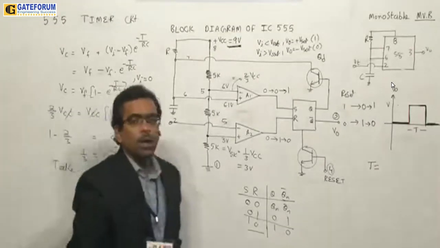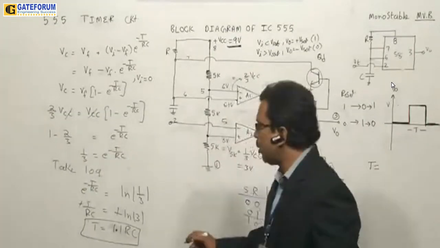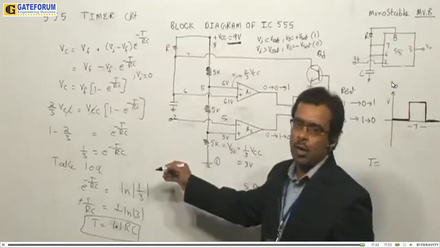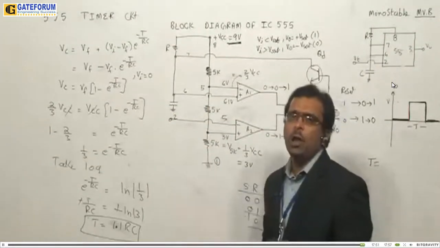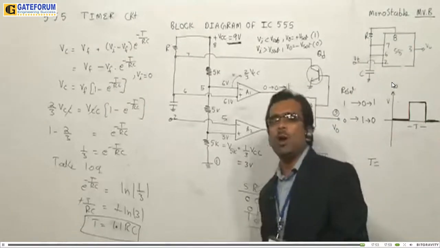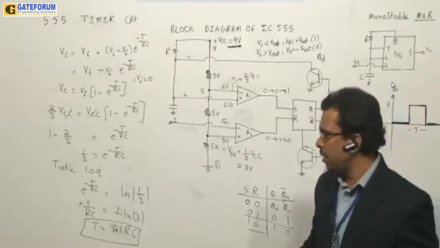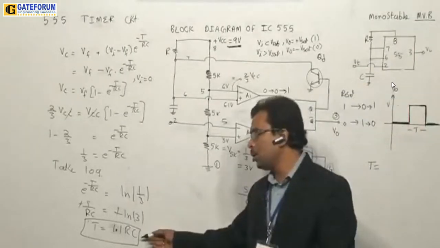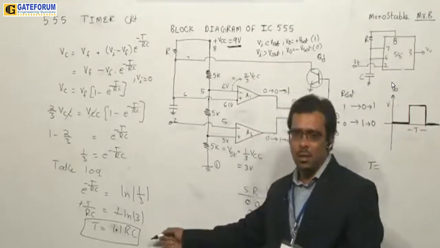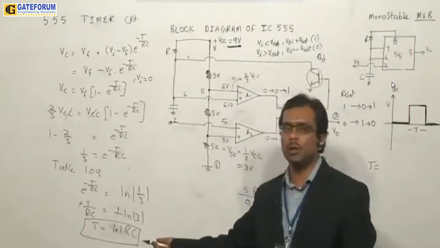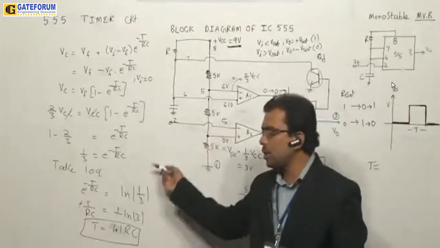So please observe here, the time period of this circuit is different from the op-amp circuit you have taken. There, just now we have seen for op-amp the pulse time period is obtained as 0.69 RC, but here you are getting t is equal to 1.1 RC. So don't consider this as a constant.